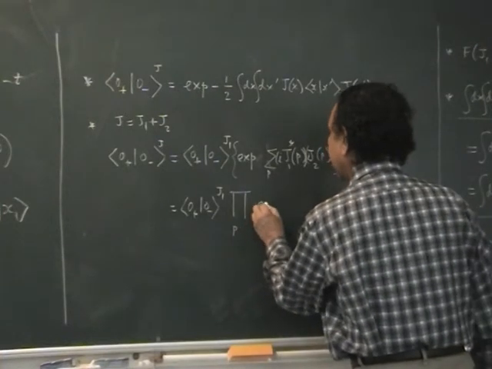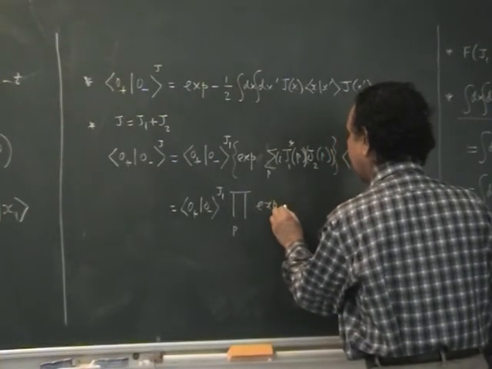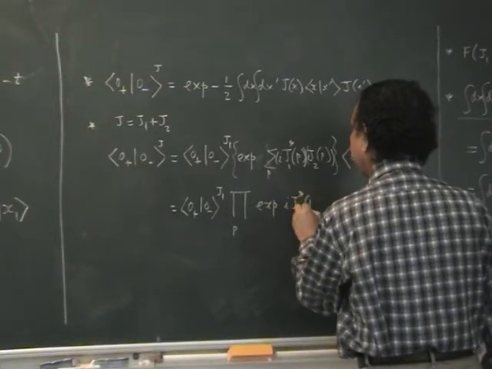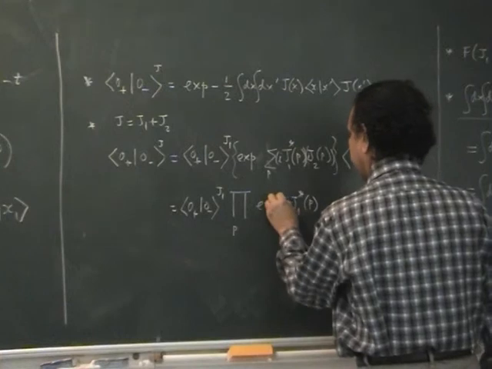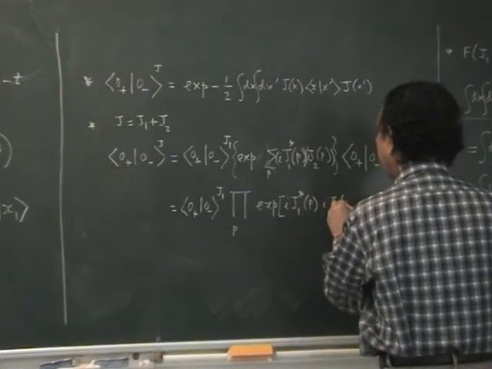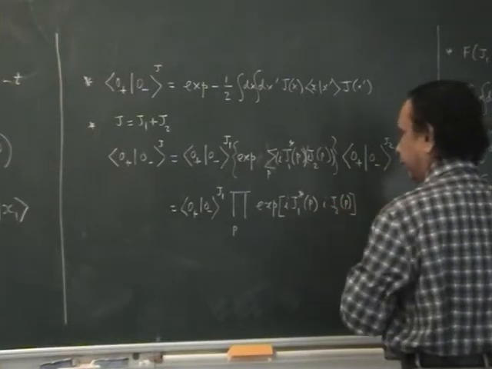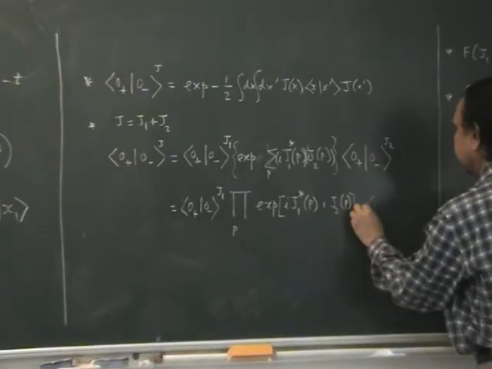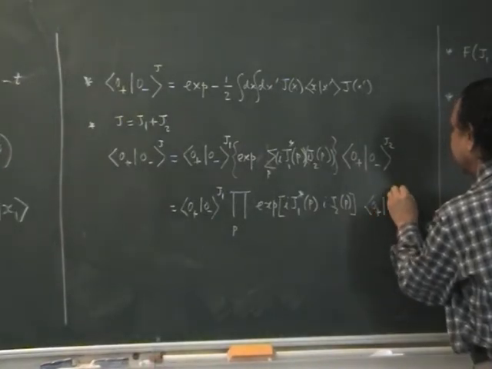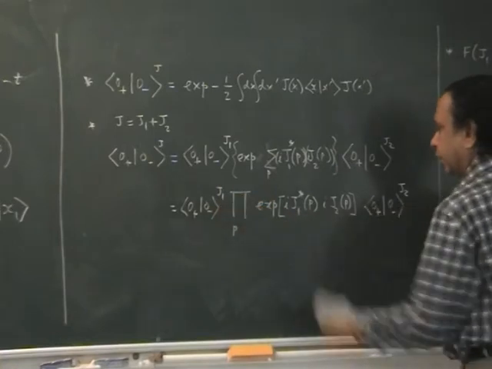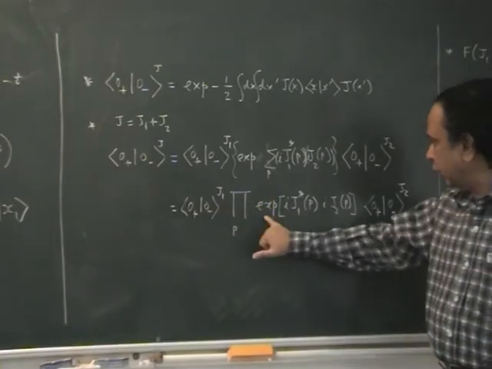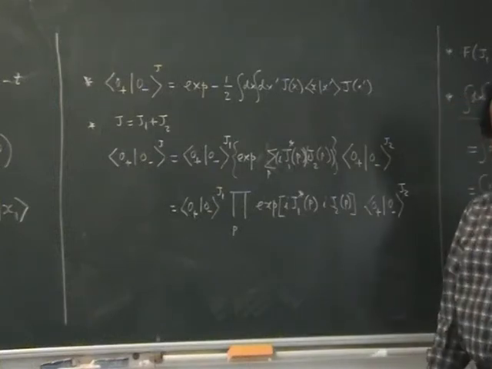And for a given momentum state, I have an exponential I J1 star of P, I J2 of P. Then I have another plus minus J2. This is just a normalizing factor. Here is where all the interesting things are happening. So there is a product over these quantities.